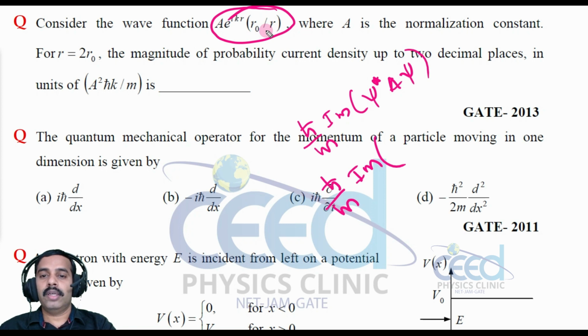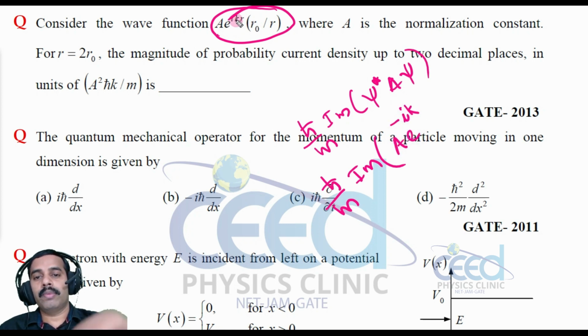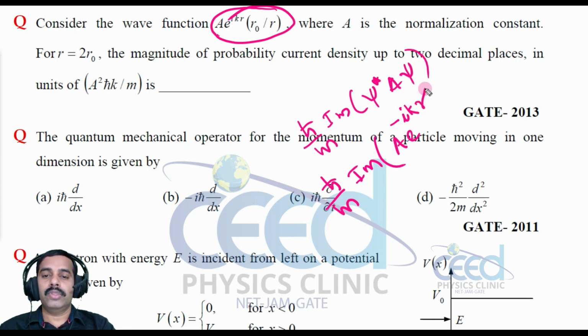So that means a e raised to ikr becomes a e raised to minus ikr. This i becomes negative because we are considering the star, the complex conjugate, r0 by r, into del psi, dou by dou r of this. We have to substitute the value for dou by dou r of this.